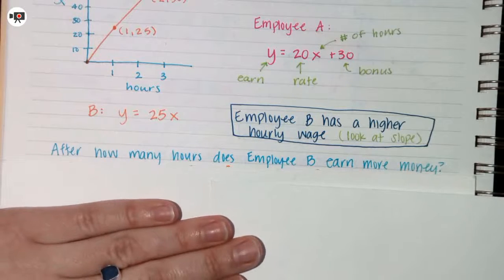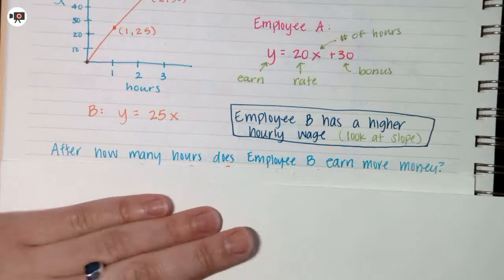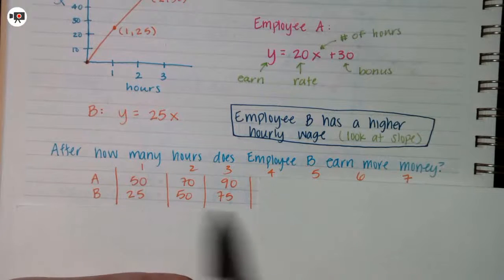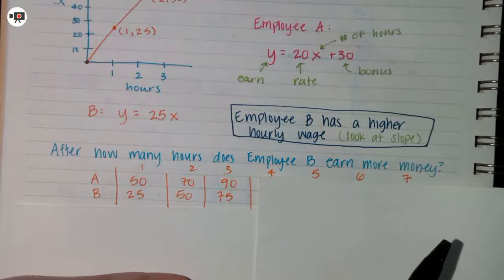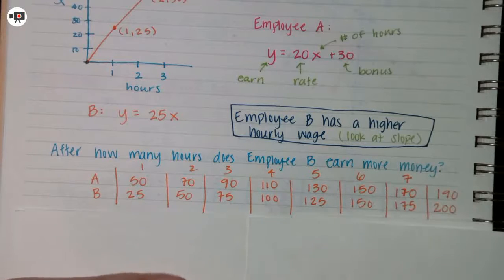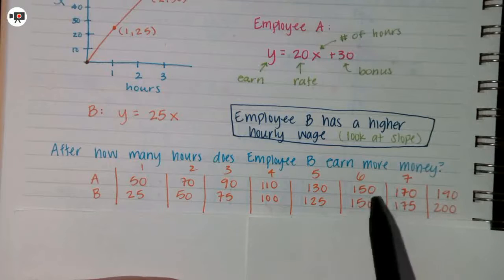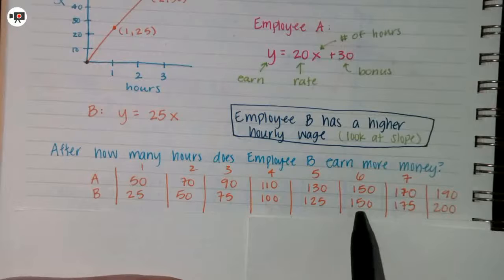But if we say after how many hours does employee B earn more money, I can make a chart, and I have employee A, employee B, and this is for each hour that they work. And if I continue to write this out more and more, I can see at hour 6, they earn the same amount of money.